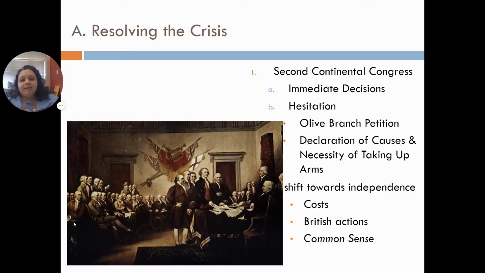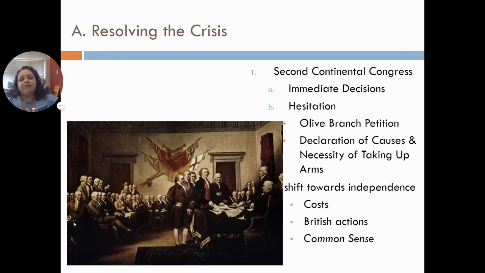And so basically in 1775, right after Lexington and Concord, the colonists meet at what's called the Second Continental Congress. Now, they did form and organize the First Continental Congress, and basically they just said, we'll meet if things get worse.